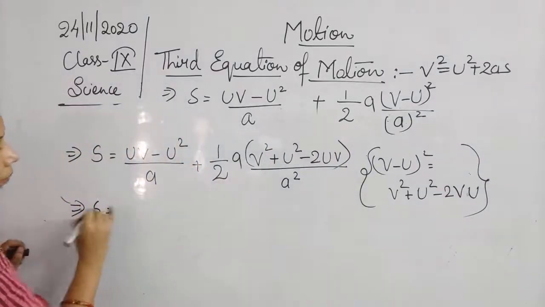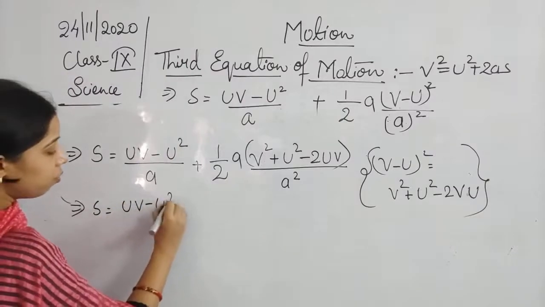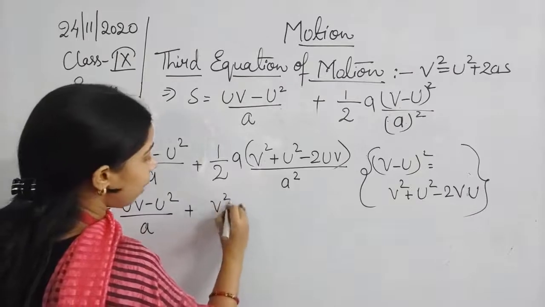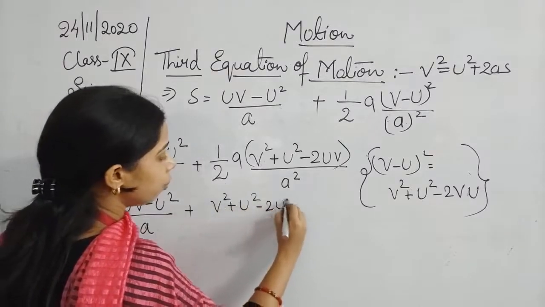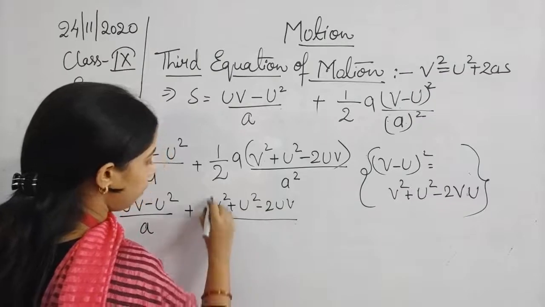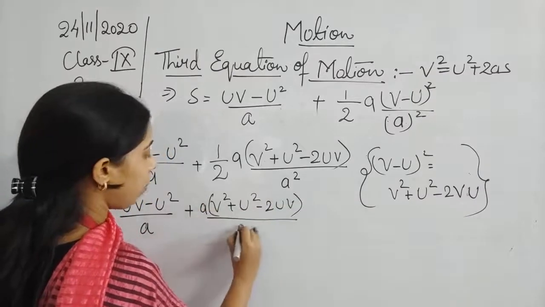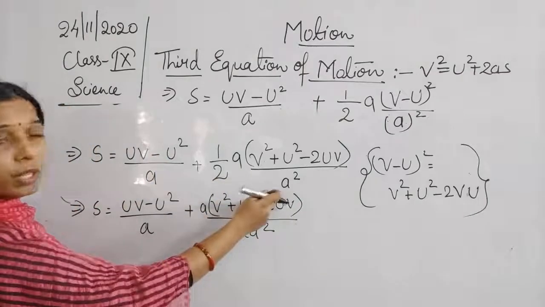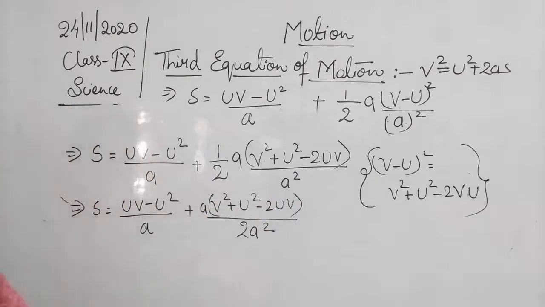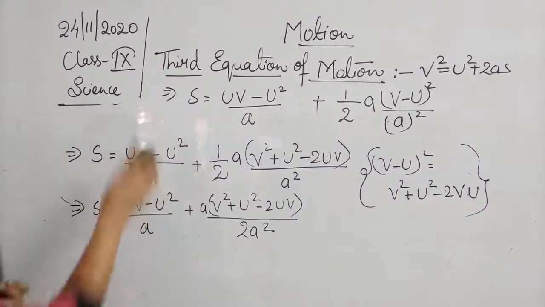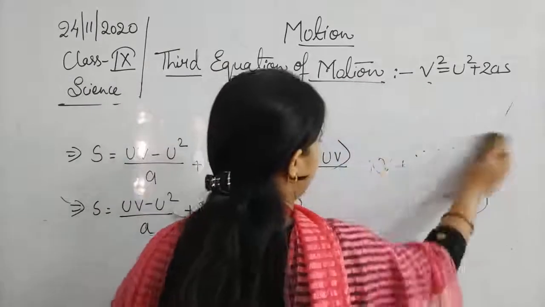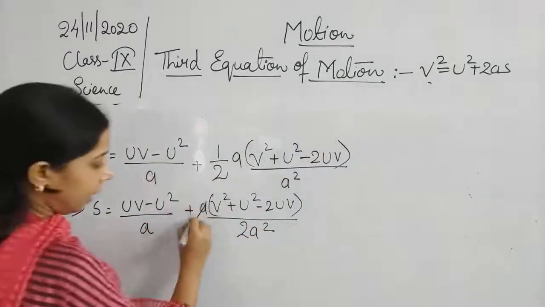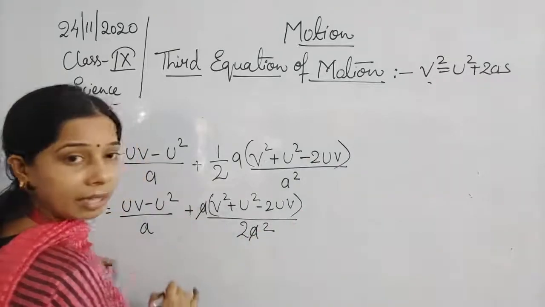So S will be equal to UV minus U square upon A plus V square plus U square minus 2UV upon 2A square. Okay, 2 into A square, it will be 2A square. Now see, this A and this A, one of the A will cancel each other.